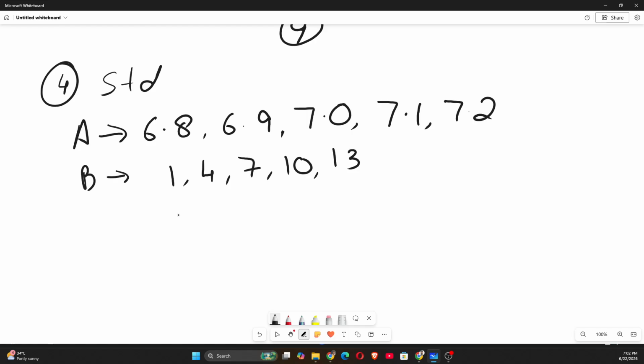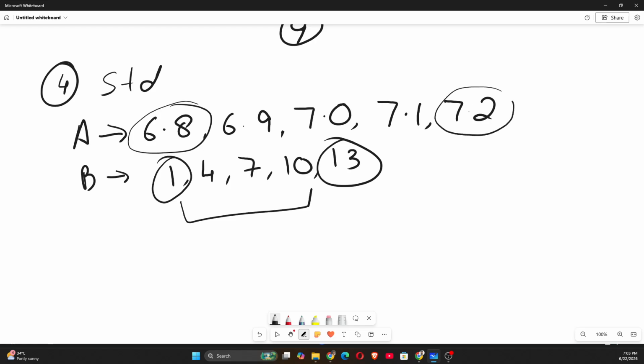Both have a similar mean, you can check, but data set B is more spread out. Why? Because see the difference between the outliers. Here it is not much, but here the difference between the outliers is very large.